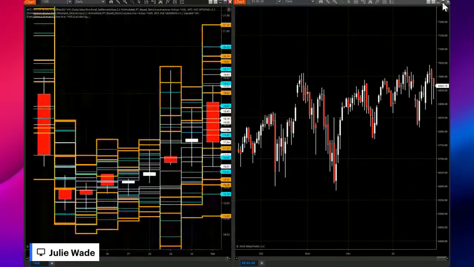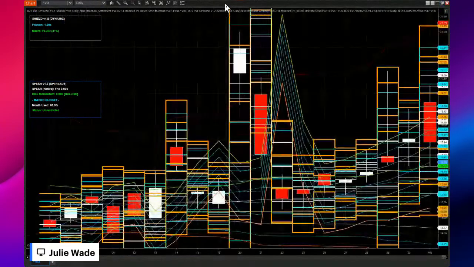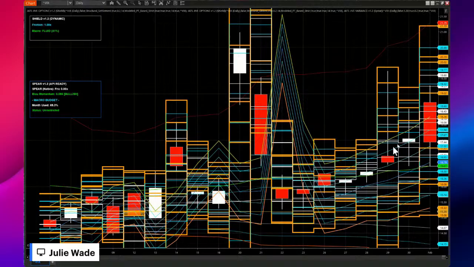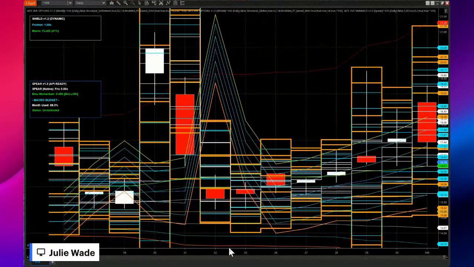Meanwhile, here we go. So that's pretty cool. We have a little upward channel here, and now we're back inside of it. Went right to the top of this structural one.